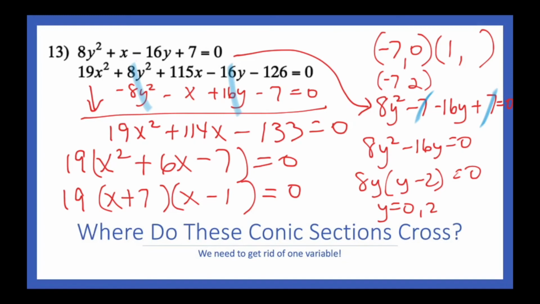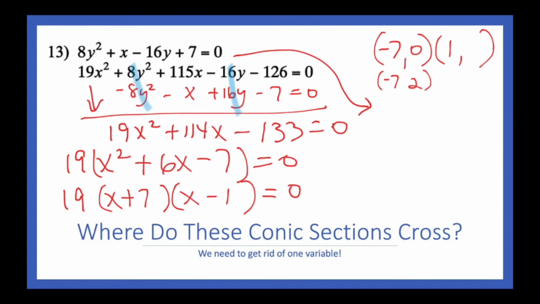We also now need to plug the 1 in. I'm going to need to get some space here. All right, let's plug in that 1. We're going to have 8y squared plus 1 minus 16y plus 7 equals 0.